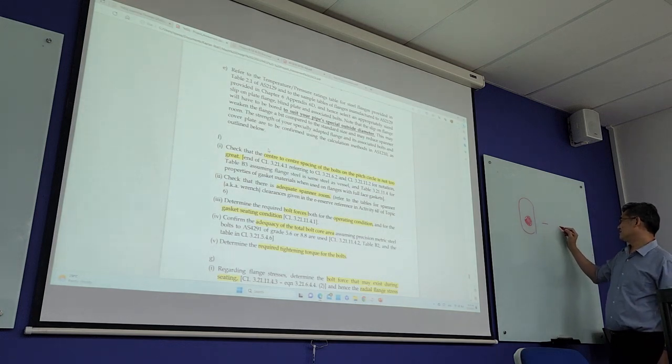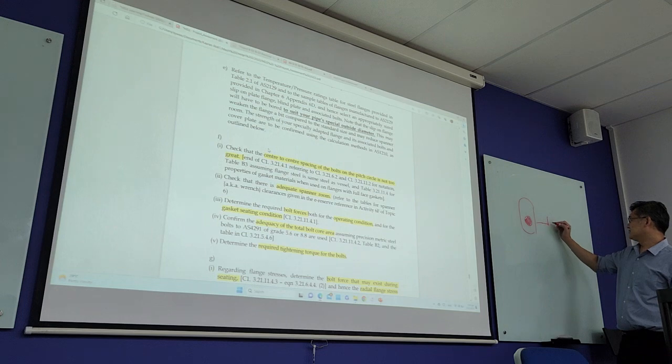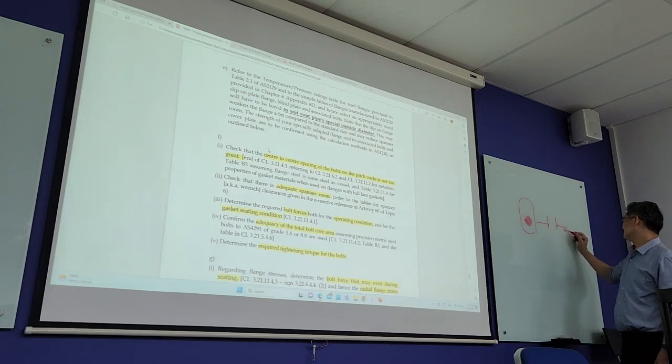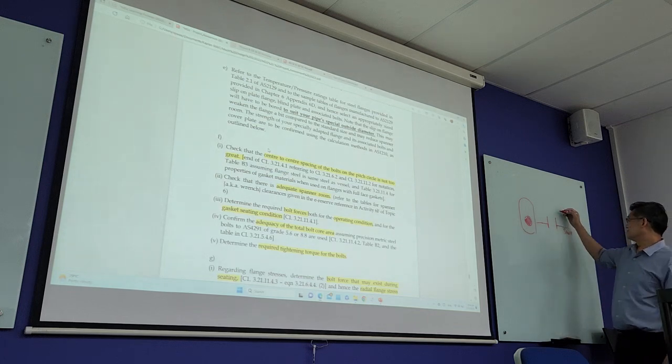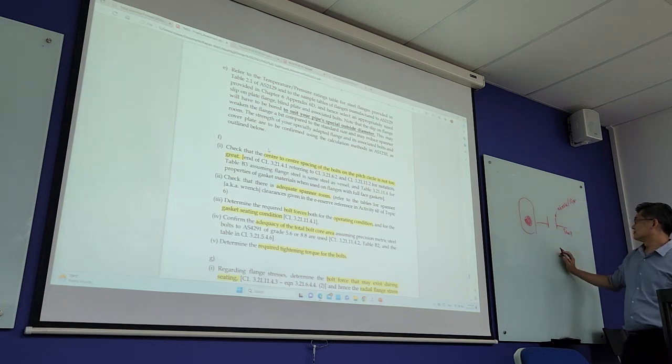So let's say this is your vessel, then you cut the hole here. You are going to insert a pipe into this vessel. This is the vessel, or shell, they call this shell. This is your nozzle or pipe. So this is the cutaway area that you have.